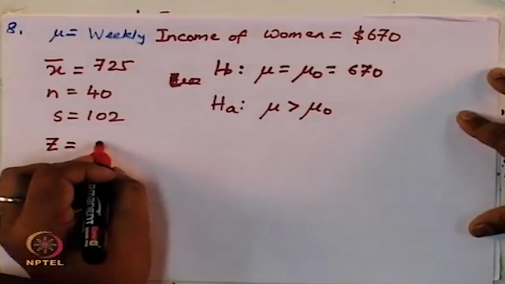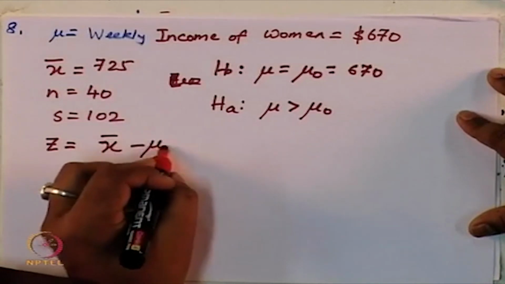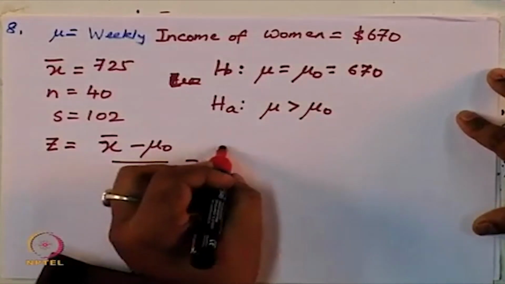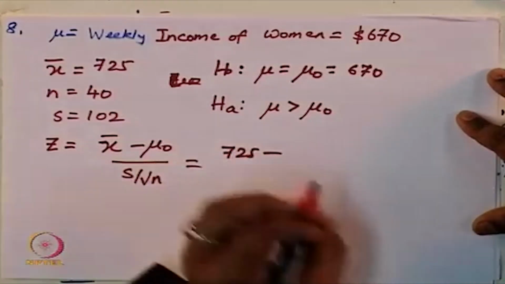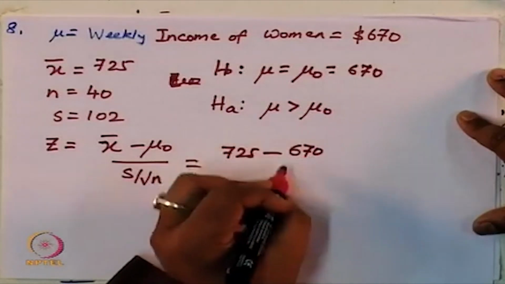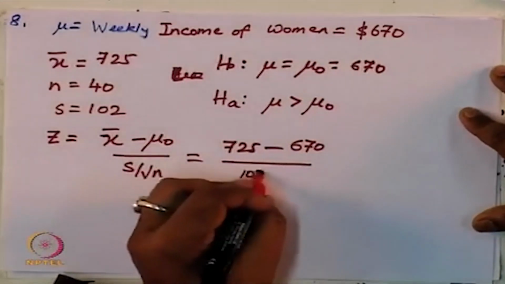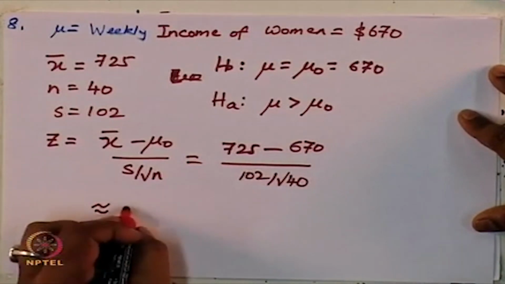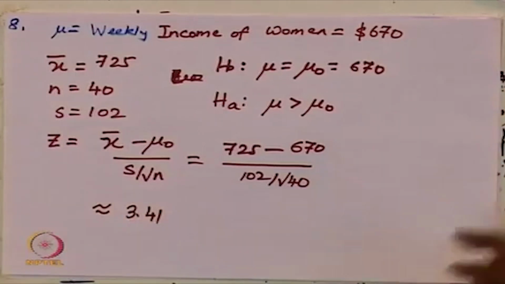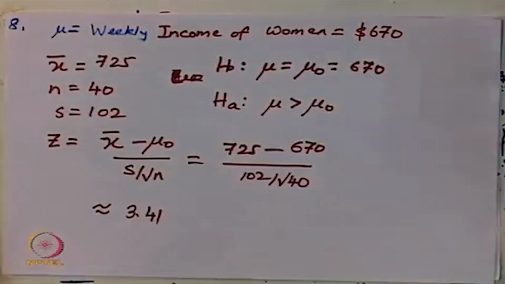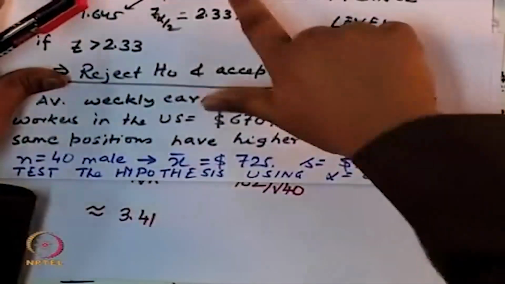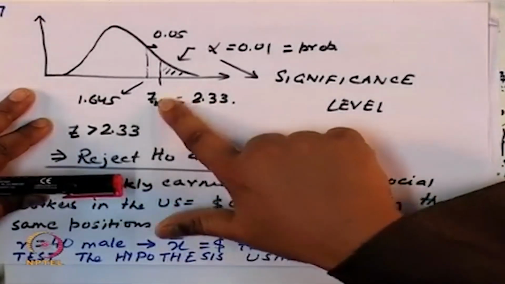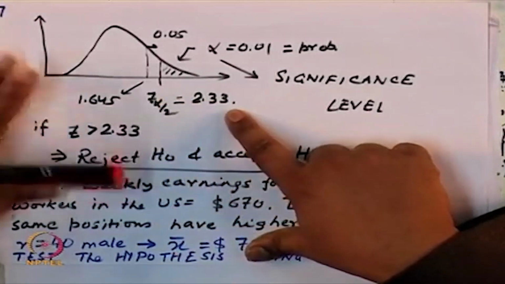So, I can find Z equal to X bar minus mu naught by S by root of n, which is 725 minus 670 by 102 by root of 40. The value of Z comes out to be roughly 3.41. Now, for a significance level alpha of 0.01, I have Z alpha by 2 equal to 2.33.